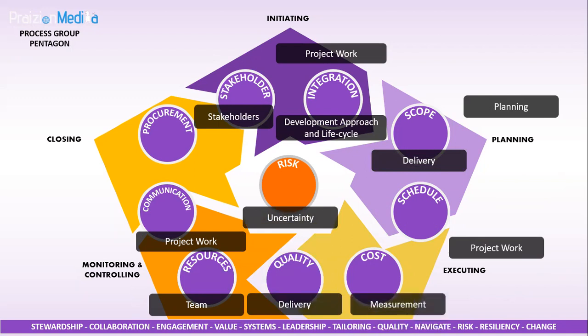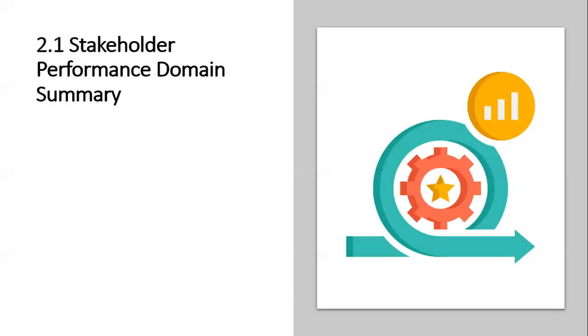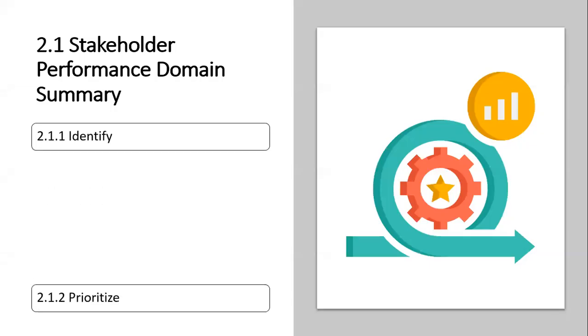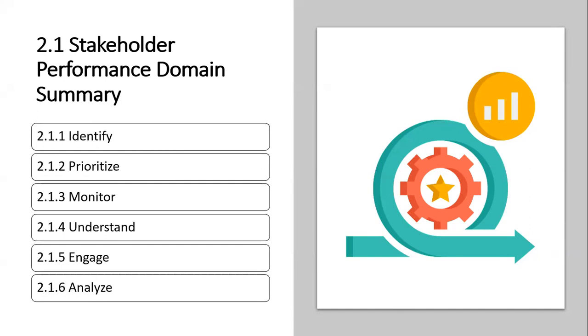The measurement domain sits very squarely on a number of areas, but when we talk about earned value, we've got to talk about cost, and we've got to talk about monitoring and controlling as a whole. Going into the individual domains, stakeholder, as I said, is just that. It's all about engaging the stakeholder, planning how to engage them at first, identifying them even before that, and making sure that everything regarding stakeholder management is covered.